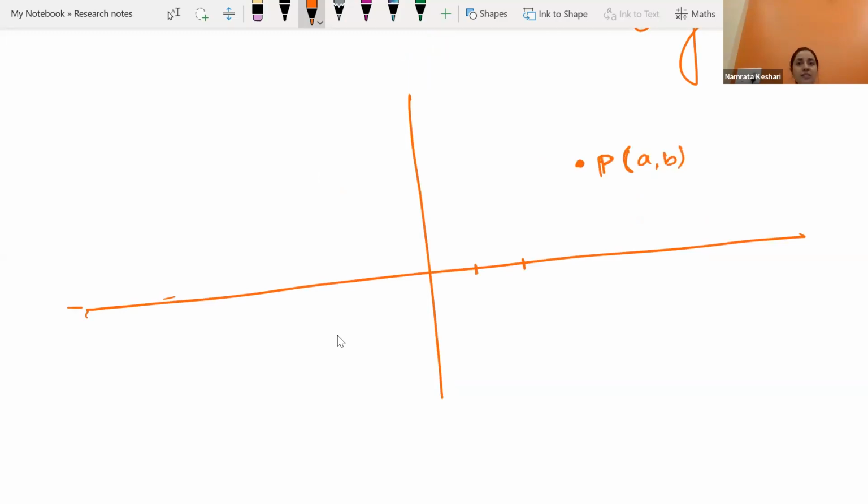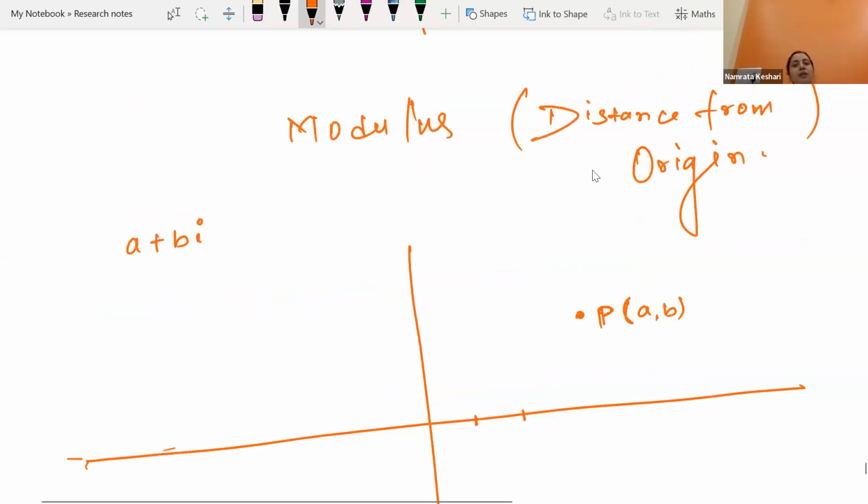In the form of a complex number, it is nothing but a plus bi, right? Now we realize that modulus is nothing but distance from origin. So the distance of this point P from the origin, if we are able to find it, is called the modulus.